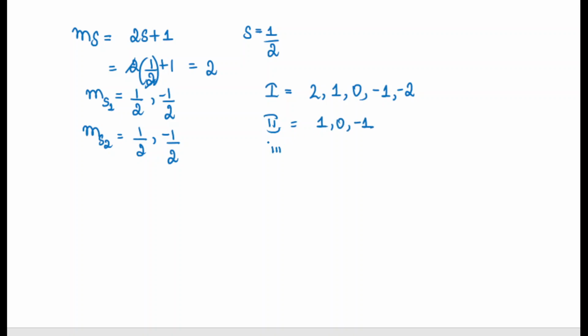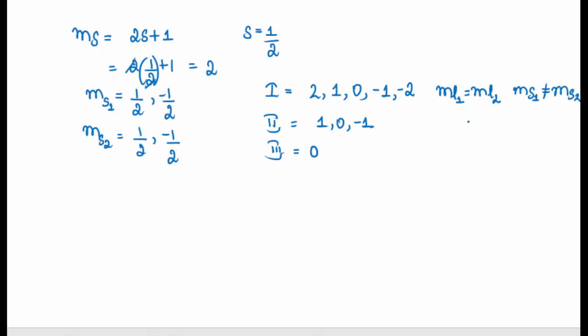And set 3 is 0 only. In set 1 and set 3, ml1 is equal to ml2, right? Now if ml1 is equal to ml2, then according to Pauli's exclusion principle, ms1 is not equal to ms2.